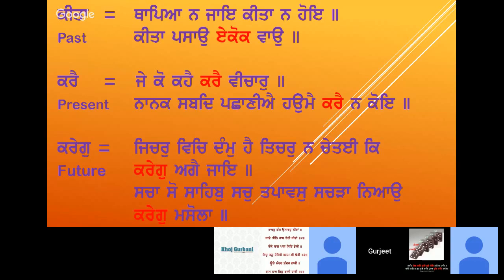Kita pasao, ekok vau. There's also a problem in the padshade of this. We can do it as kita pasao, ekok vau, but kavau is not a word in Gurbani. There is a kuau word which Faridji has used, but kavau means bad air because ka makes it negative.